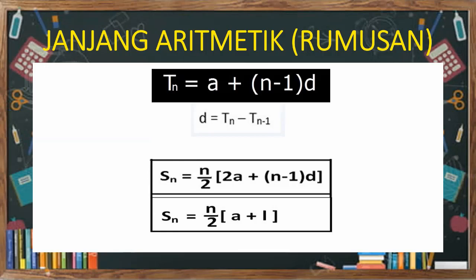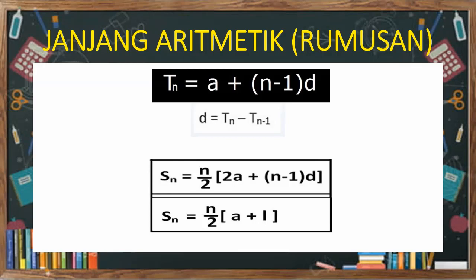The next two formulas that we learned are Sn equals n over 2 times (2a plus (n minus 1)d), and also Sn equals n over 2 times (a plus l). They are the sum of the terms from the first until the nth term, or we say the sum of the first n terms.